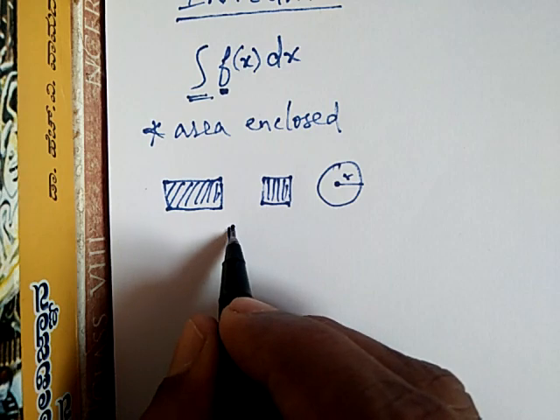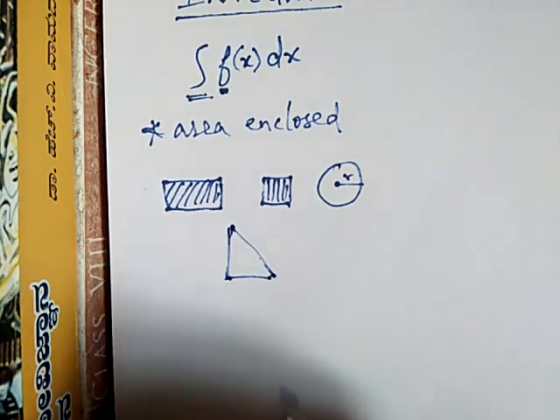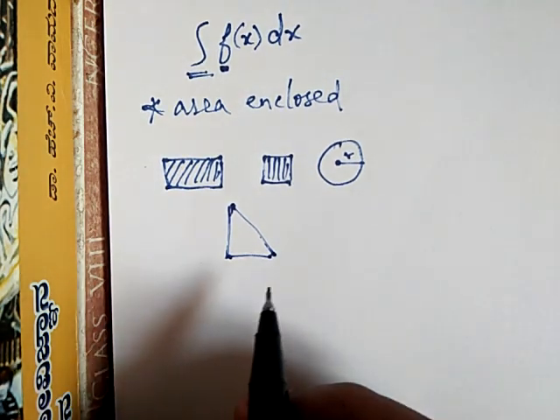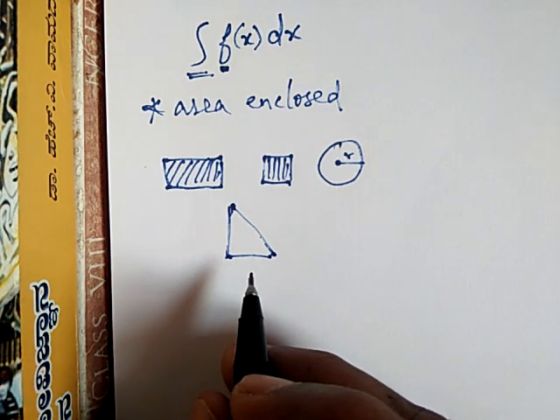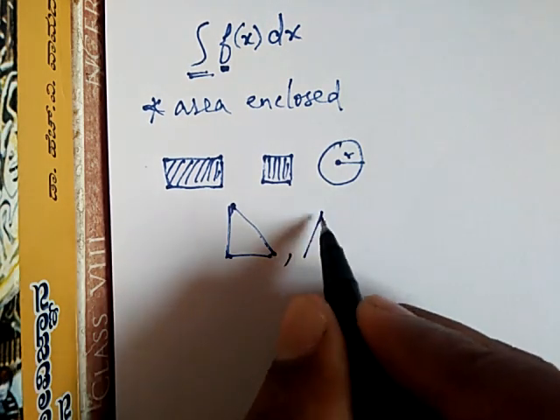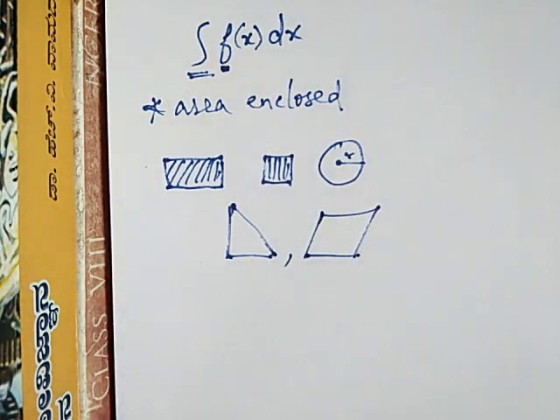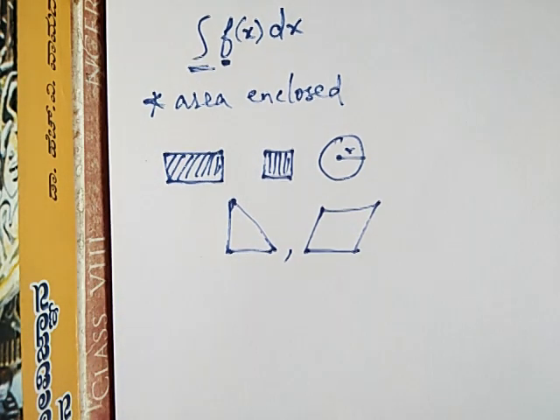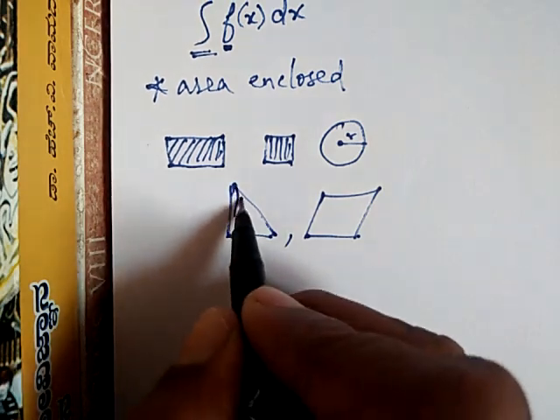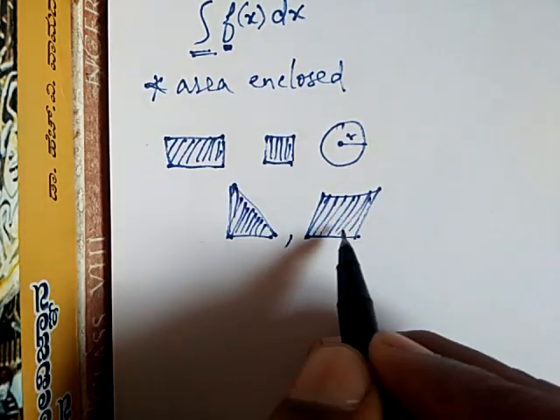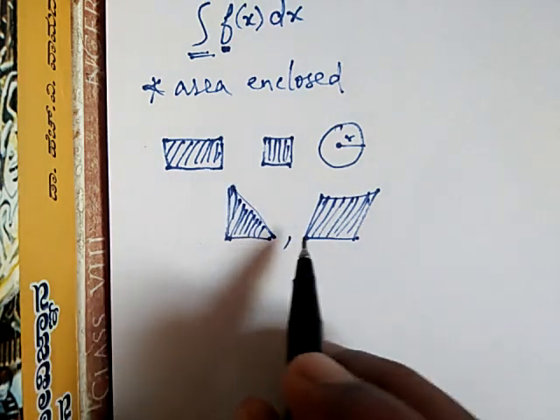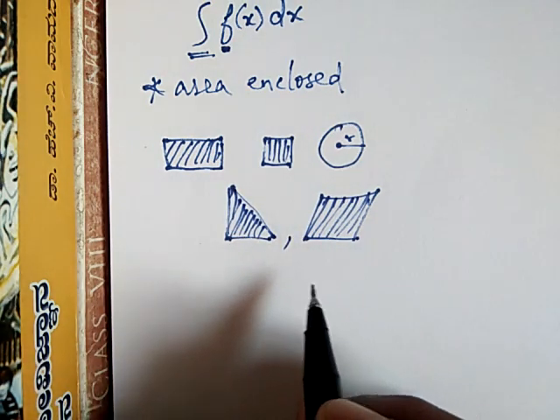If I give a right angle triangle, you can find it using the formula half into base into height, correct. And if I give a shape like this, then also you can find the area of the given figure, or the shaded region from this 2D shape, very easily.